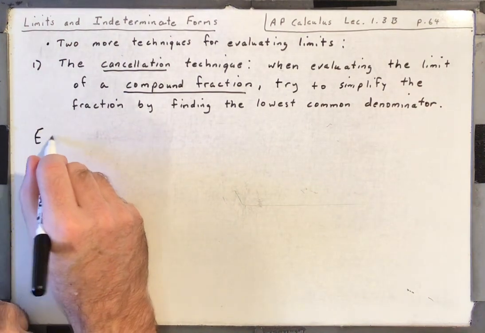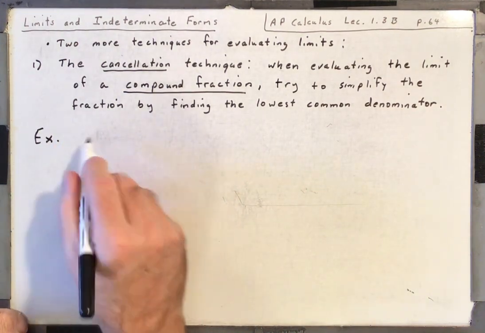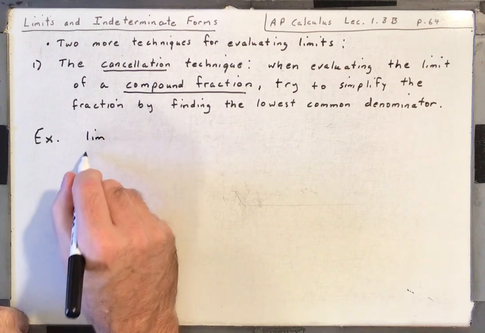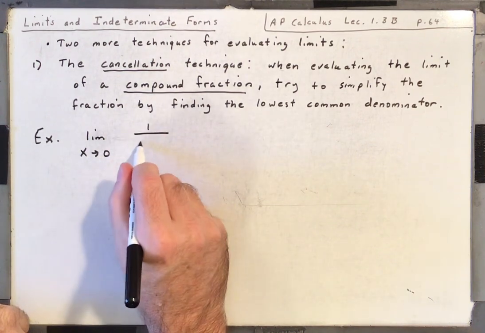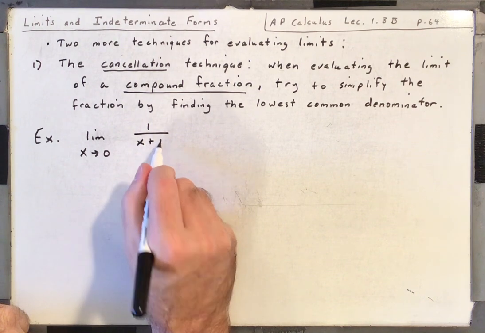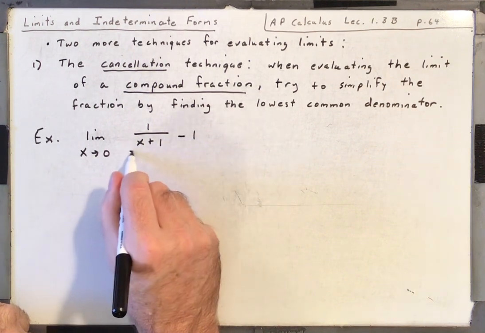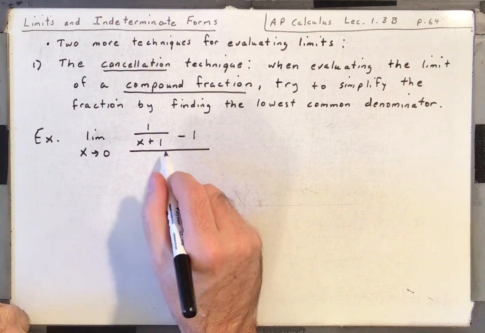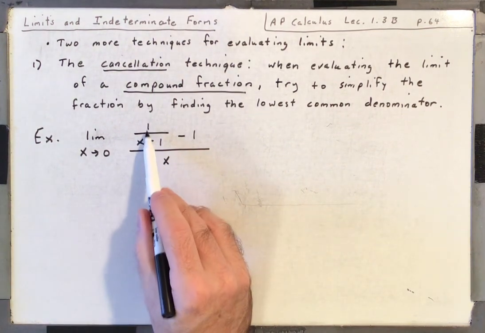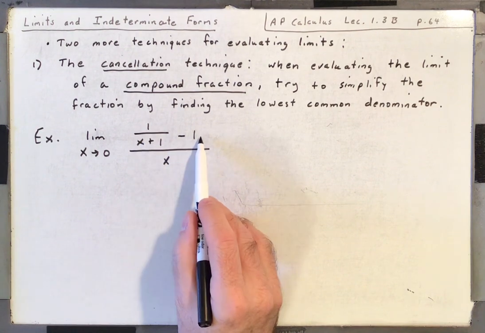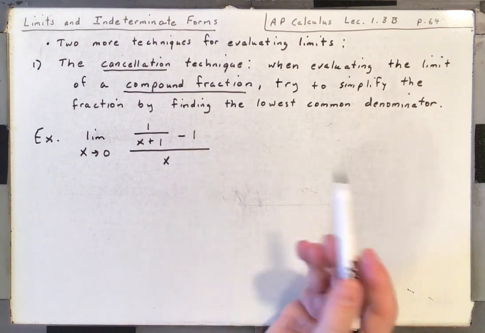Okay, so here's an example where we might use the cancellation technique. Let's take the limit as x approaches 0 of 1 over x plus 1 minus 1 over x. So in this case, if you plug that 0 in, you're going to have 1 over 1, which is 1, minus 1, 0 over 0. That's indeterminate form.